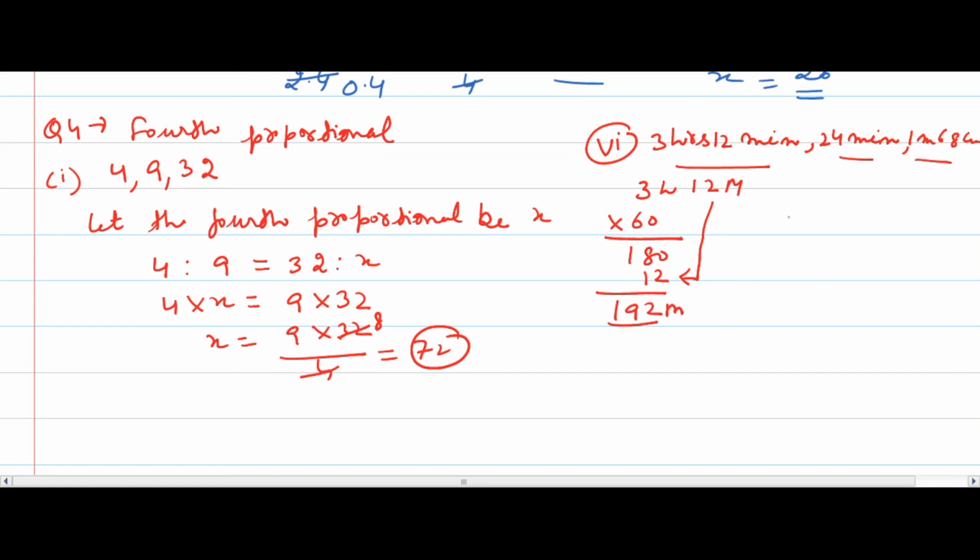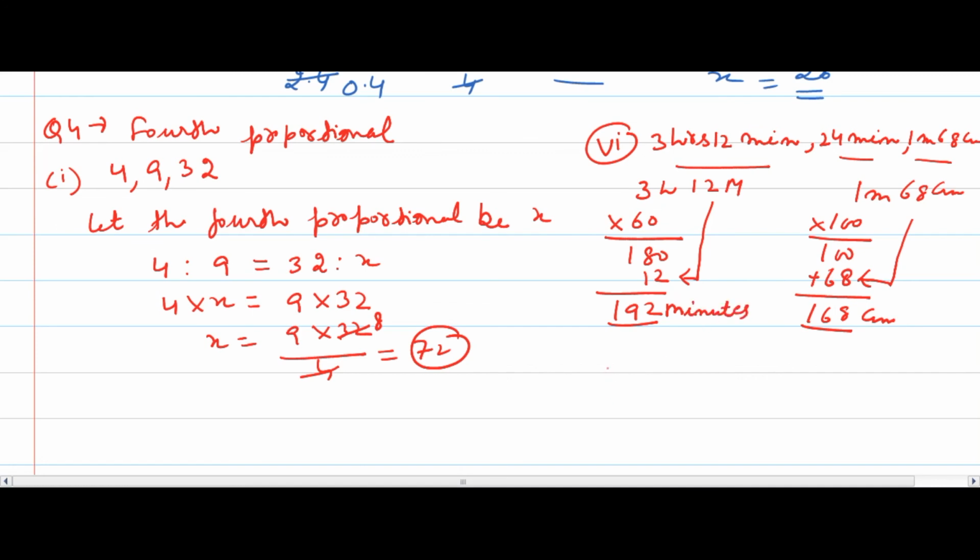In the same way, here are 1 meter 68 centimeter, so we will make them centimeters. 1 meter is equal to 100 centimeter, multiply it 100 plus 68 centimeter, so this has now become 168.